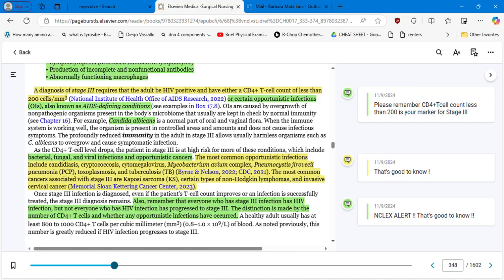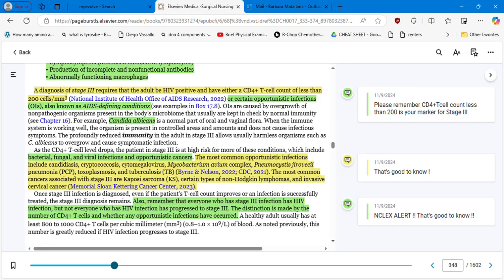The profoundly reduced immunity in the adult in stage 3 allows usual harmless organisms such as Candida to overgrow and cause symptomatic infections, right? We also need to know that a patient with stage 3 is at risk for more conditions, coming from bacterial, fungal, or viral origin, right?